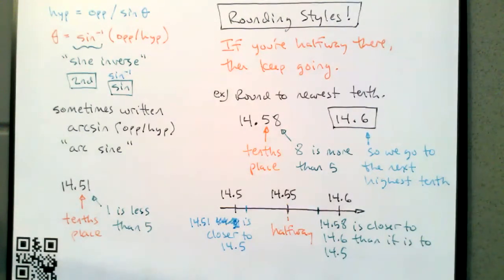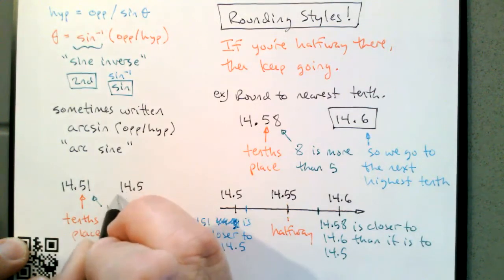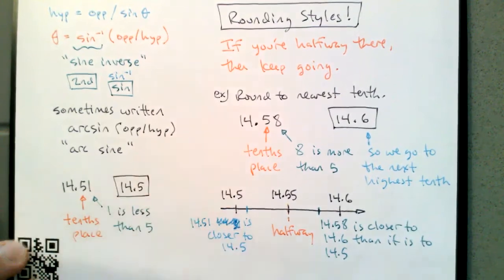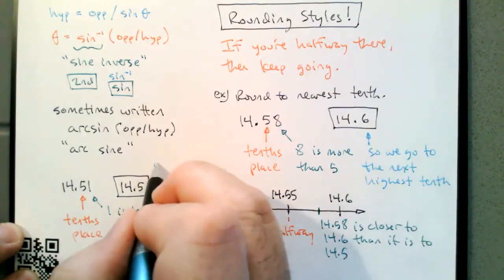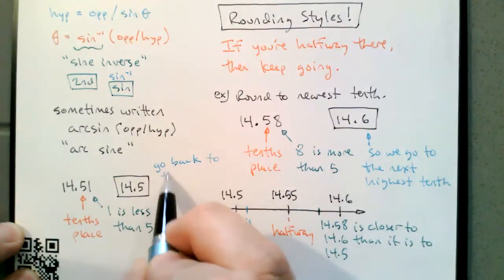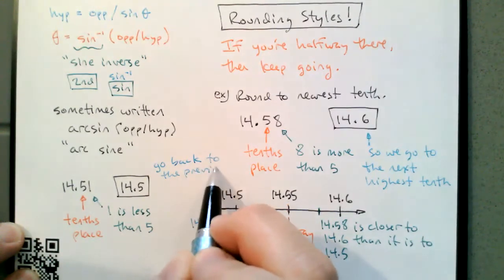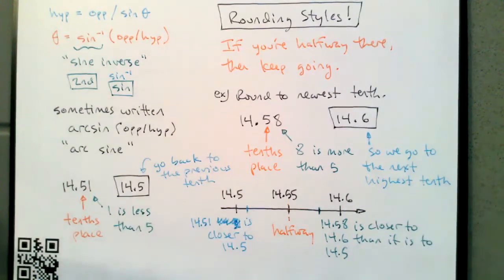So 14.5 is the nearest tenth. We go back to the previous tenth. Any questions?